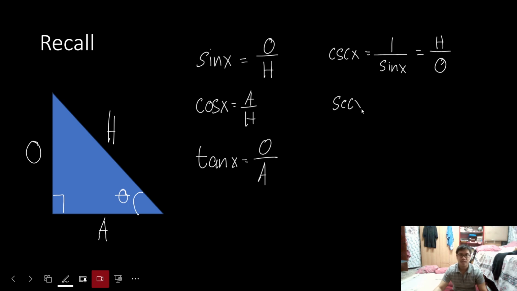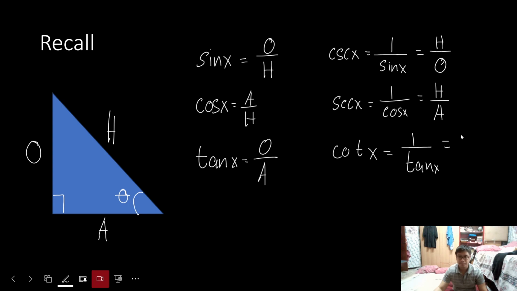Then we also have secant x, which is the reciprocal of cosine x. So we will have hypotenuse all over adjacent. And lastly, we have cotangent x, which is the reciprocal of tangent x. So this is adjacent all over opposite. All right?